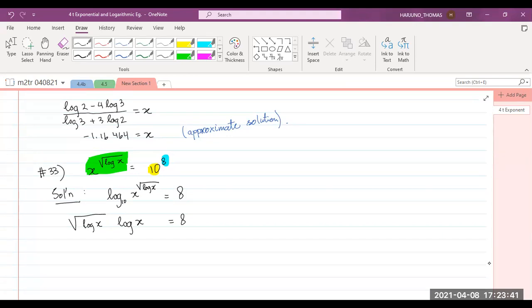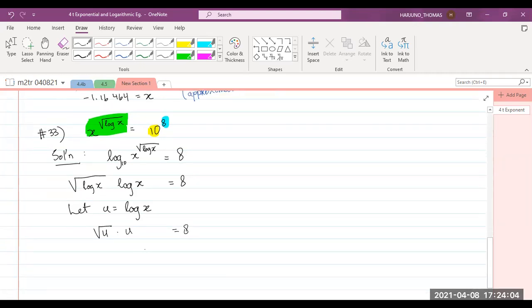Now you happen to have the same base, log x. Let's call that u for now. Let u equal log x. Now, you don't have to do this substitution, but to help me to see that better, that's square root of u times u equals 8. Now, that's the same as u to the power of 3/2, right? That's u times square root of u, that's u to the 1 times u to the power of 1/2.